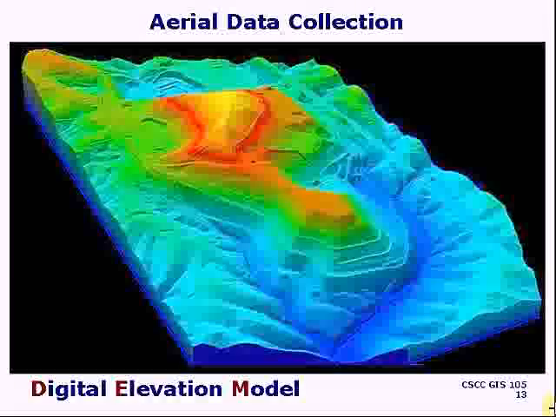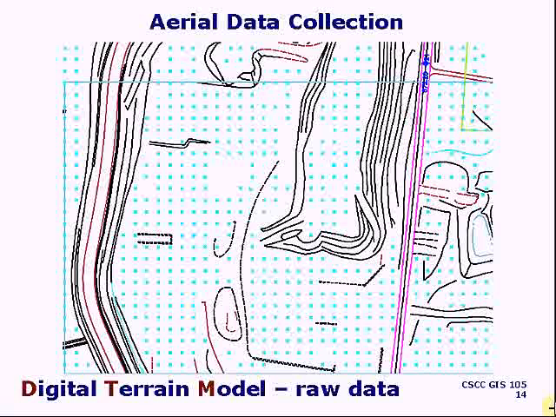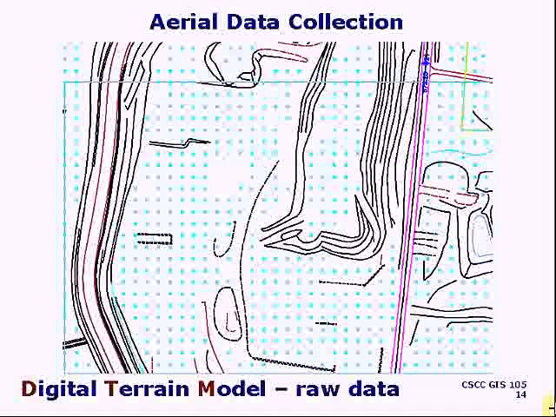Digital elevation models, we'll come back to uses of these in a minute. But digital terrain model, this is the raw data. This is what the photogrammetrist is actually going to sit there and collect day after day, point after point. Planimetric features that may affect the ground, for example, the edge of a road, those may show up in the topographic raw data.